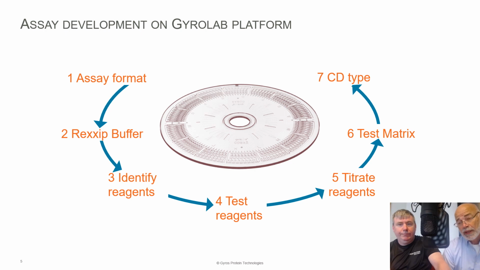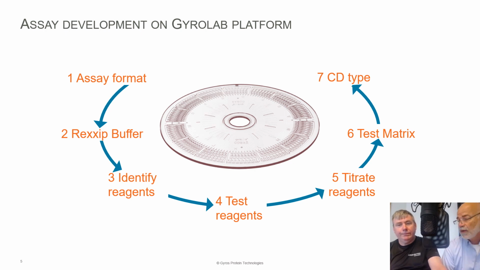So when you take a look at that assay development guide, you'll see that there are 7 basic steps that we're going to go through. And while assay development is probably the same the world over from an immunoassay perspective, working on a CD-shaped assay plate creates some differences that people have to think about.